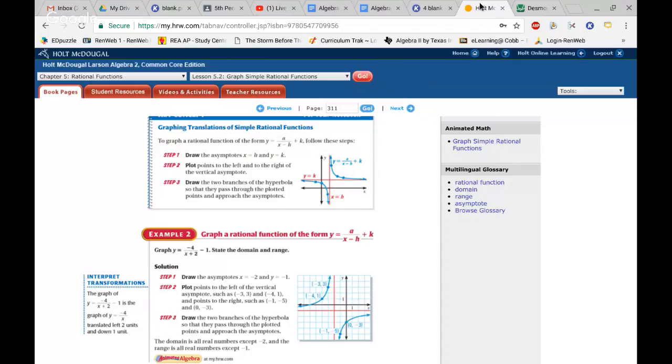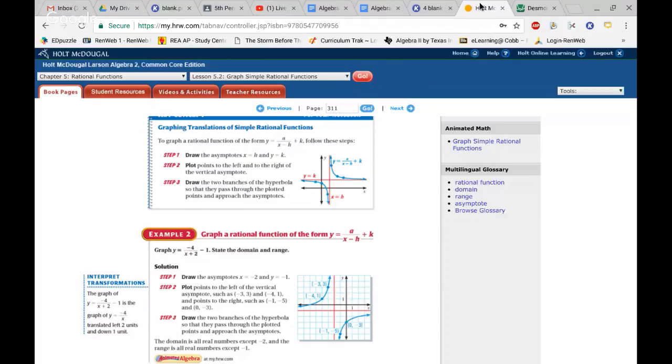And the horizontal asymptote is going to be your k. So that's going to be where it goes up or down, because it's shifting away from the origin.